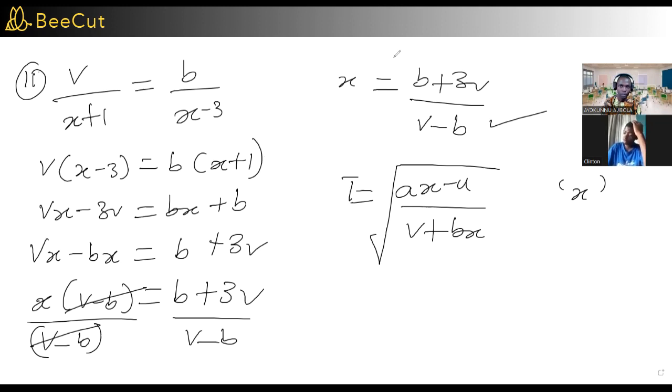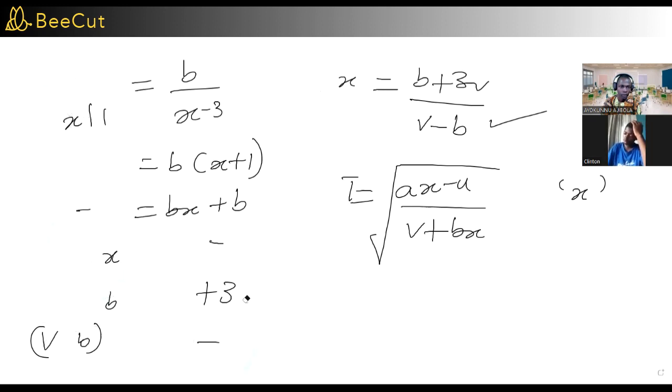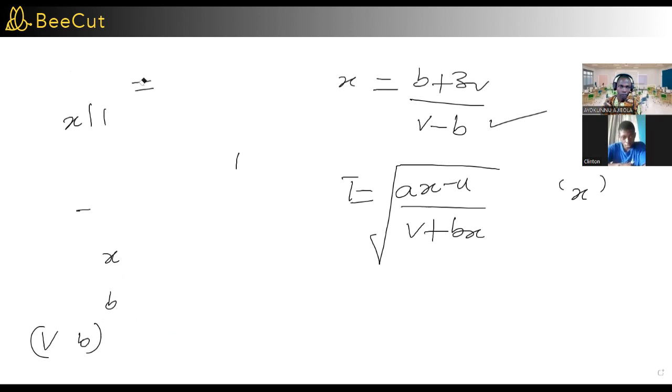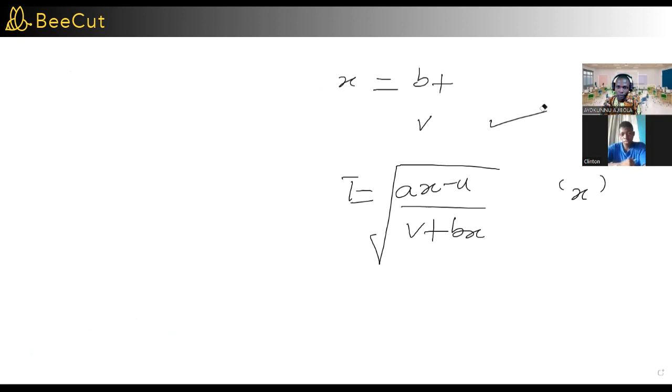Okay, very good. So let's look at it together. The question says t equals the square root of (ax minus u) over (b plus bx).